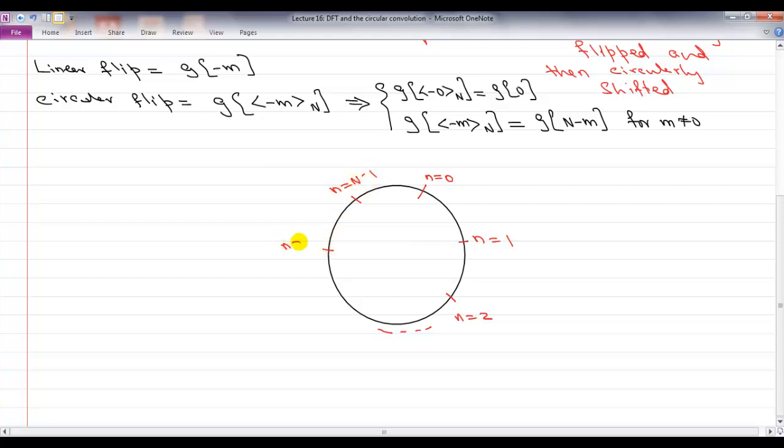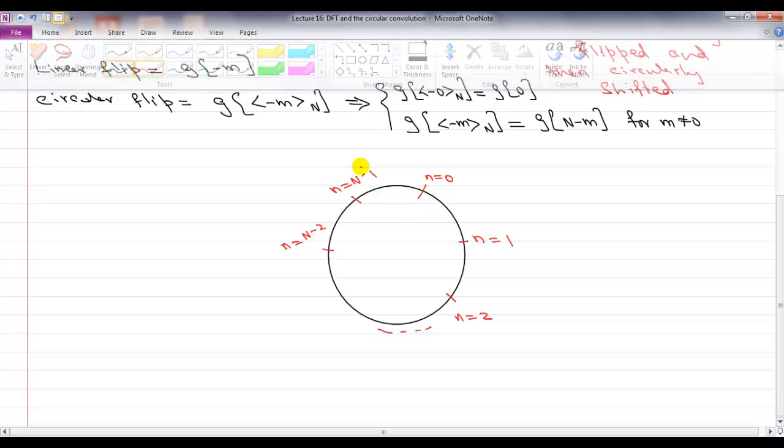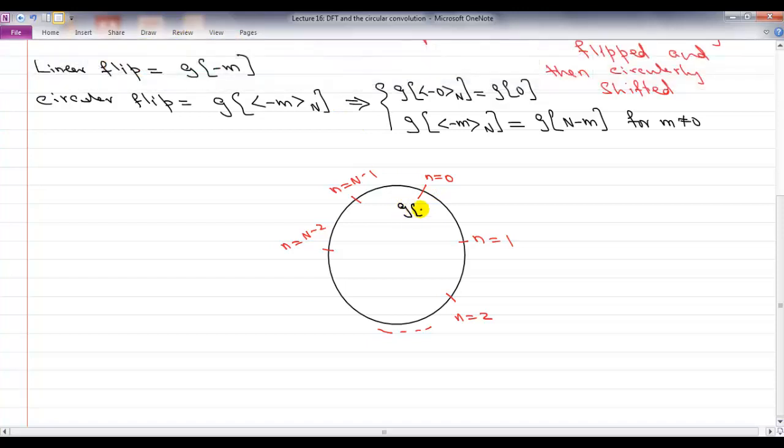Let's also label n equal to n minus 2. So for the original sequence Gn, we have at index 0 G0, G1 at index 1, G2, G of n minus 2, and G of n minus 1. So this is what we start with, the original sequence Gn.